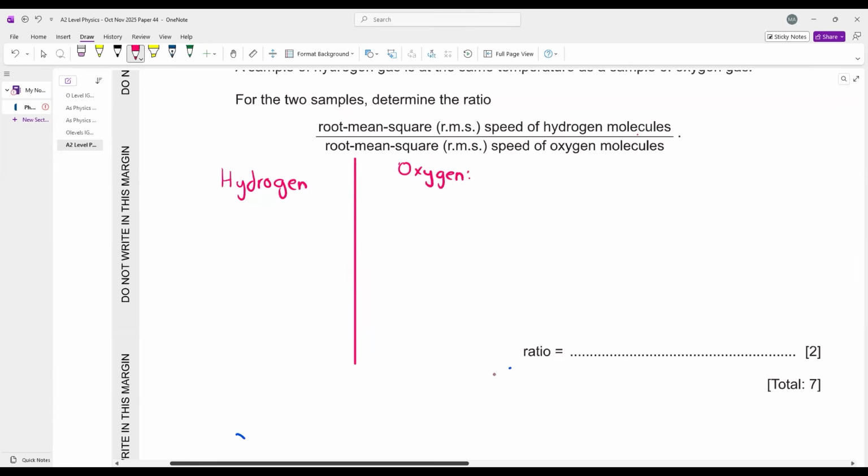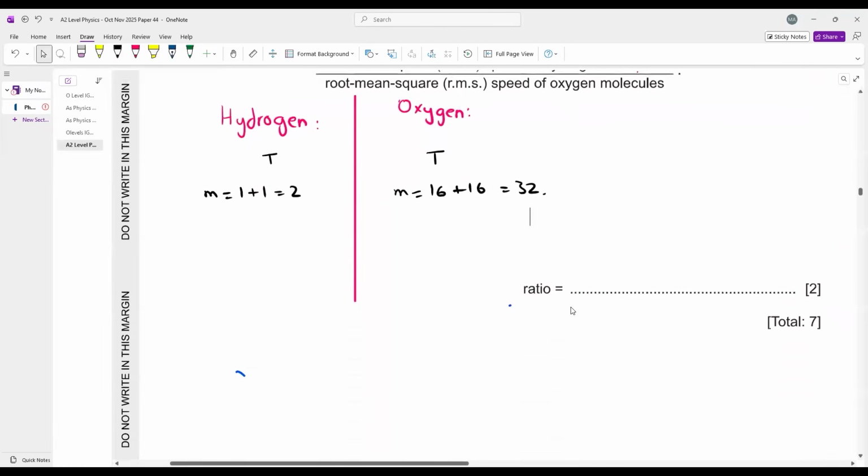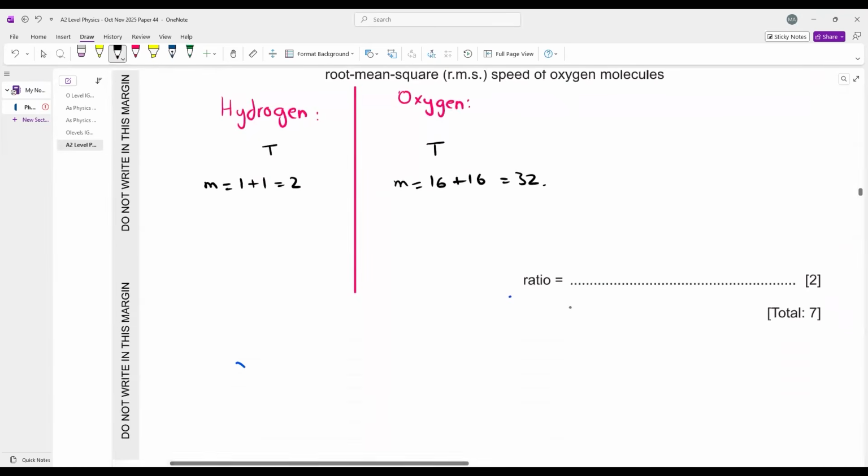Both of them have the same temperature T. The total mass of a hydrogen molecule will be 1 plus 1, that is 2. The total mass of an oxygen molecule will be 16 plus 16, that is 32. Okay, let's do the calculations now.